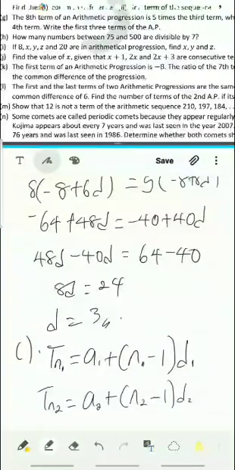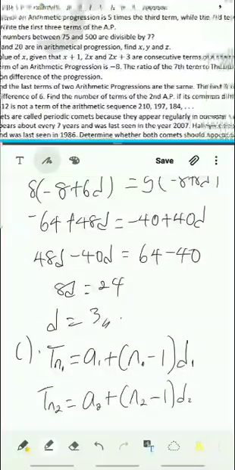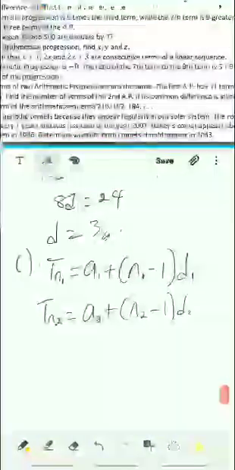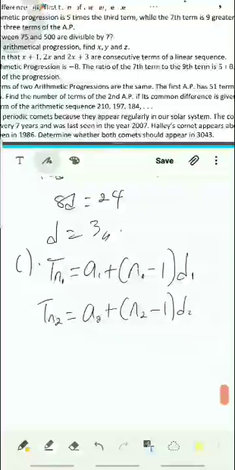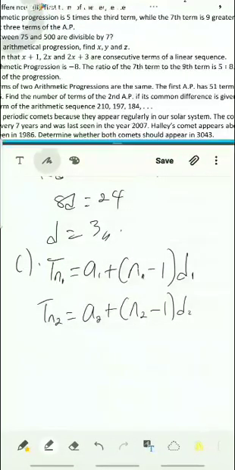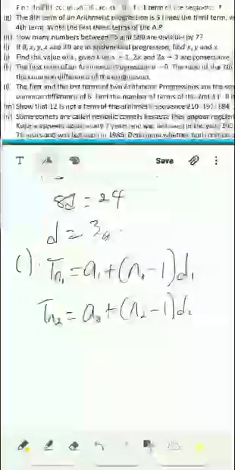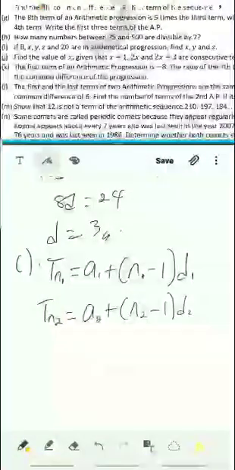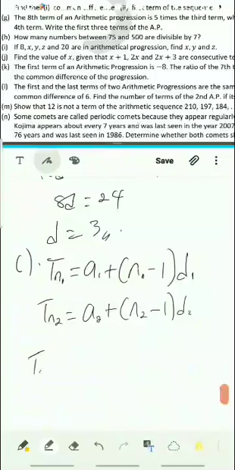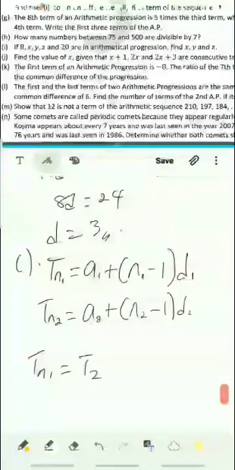Now, from the question, the first and the last terms of the arithmetic progressions are the same. So it means Tn1 is equal to Tn2 from the question.